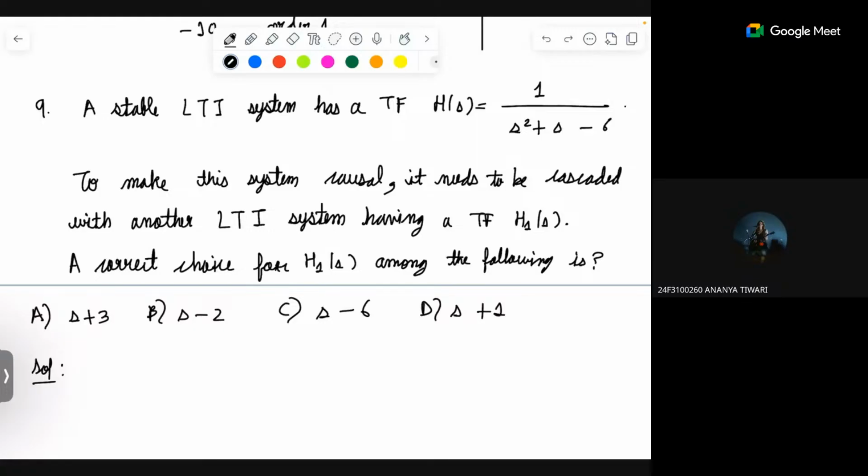No, it is not C, Ananya. Try again. Yes, Jay is correct.